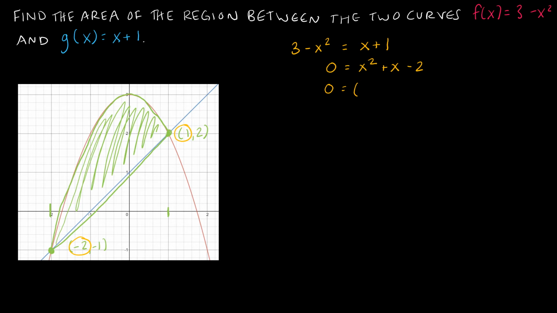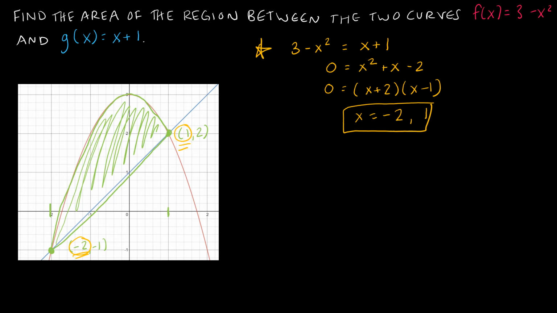I'm looking for two numbers that multiply to -2 and add to +1, which is of course +2 and -1. I set each of those equal to 0 using the zero product property to find that x is equal to -2 and to +1. Notice that is the same two values that I've found here, -2 and +1. This is a necessary step for you to do.